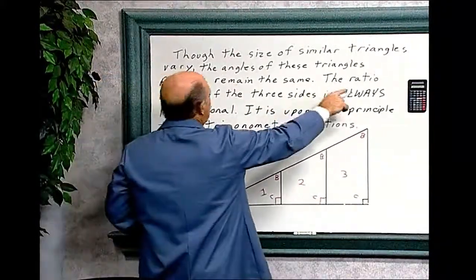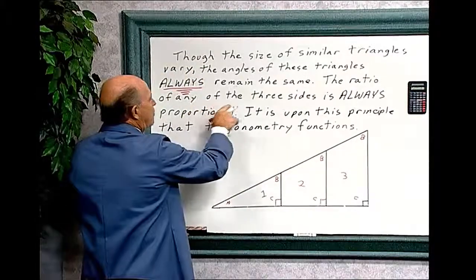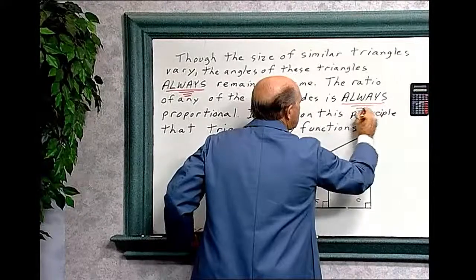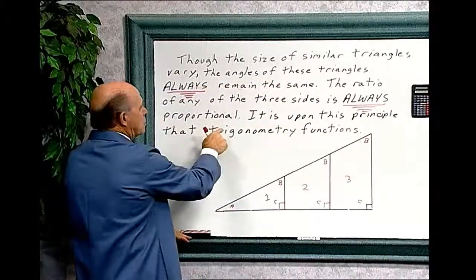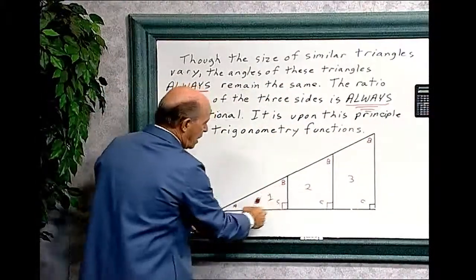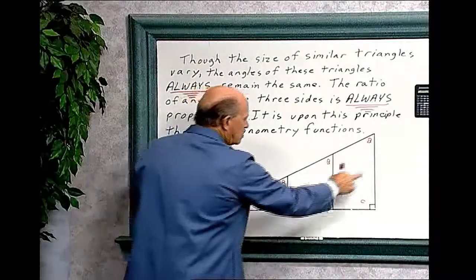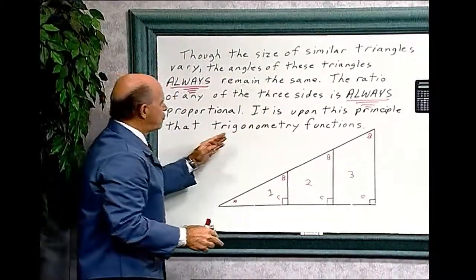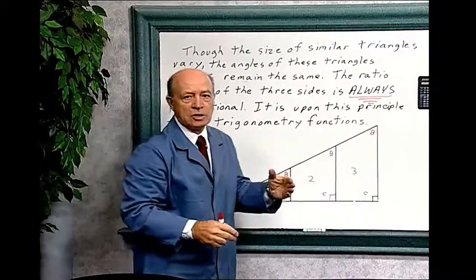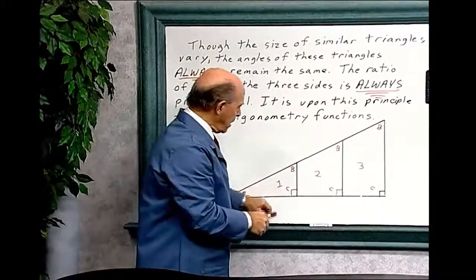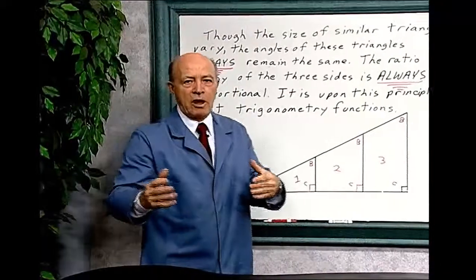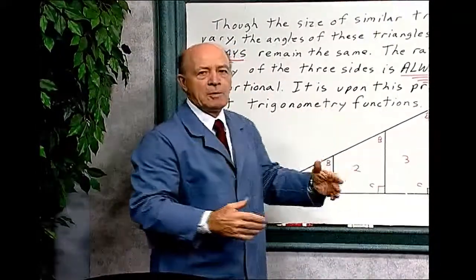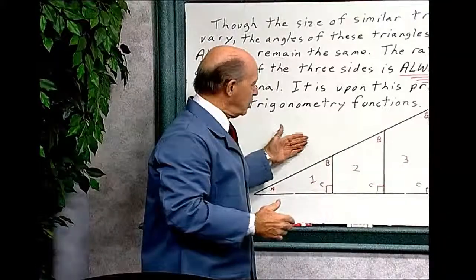Now the ratio of any of the 3 sides is always proportional. So the ratios of these sides are proportional. It is upon this principle that trigonometry functions. This explains a little bit of the logic, and later on in the course teachers will explain the rules of proportion and how trigonometry functions.